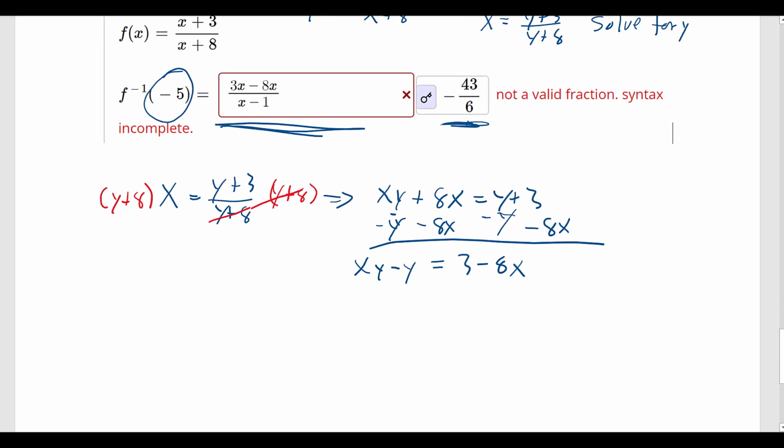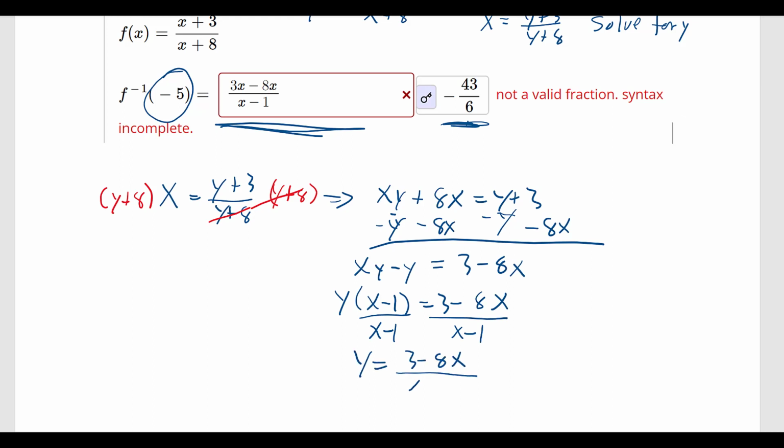And then I'm going to factor out the y. So y times x minus 1 equals 3 minus 8x. Then divide by x minus 1. So y equals 3 minus 8x over x minus 1. So let me just review to myself, make sure I didn't miss something here.